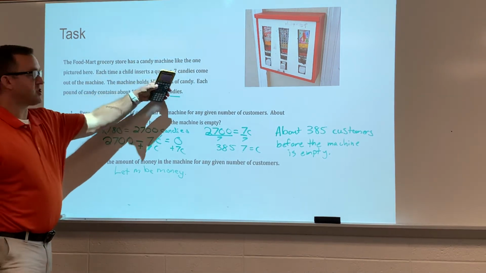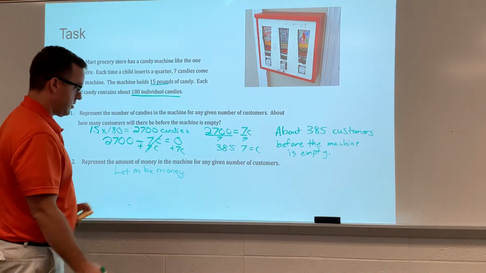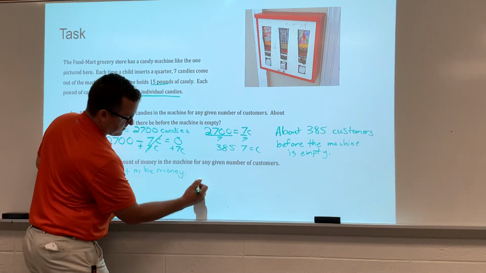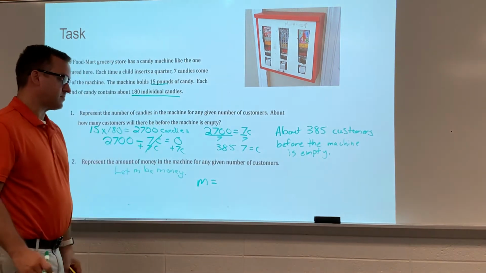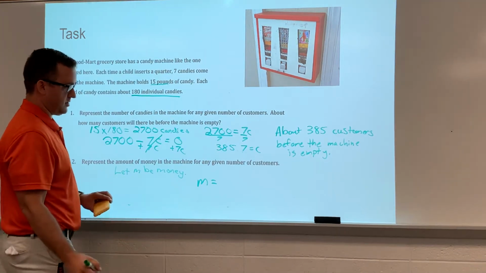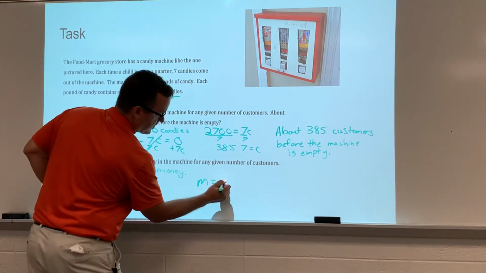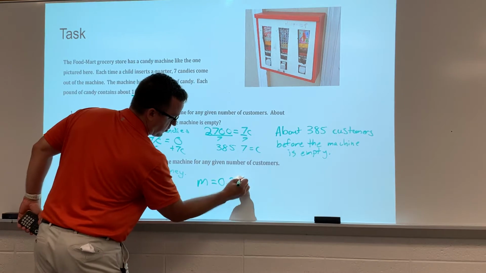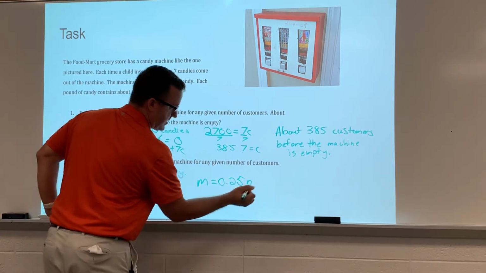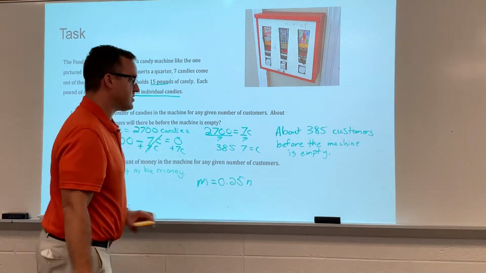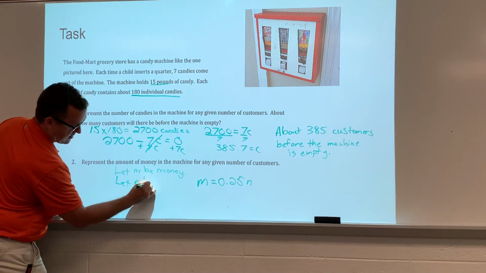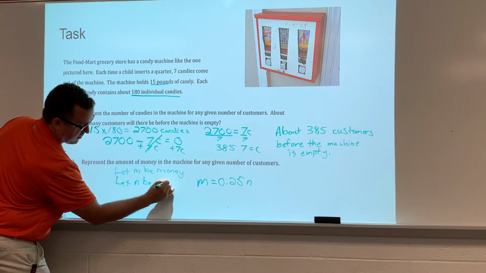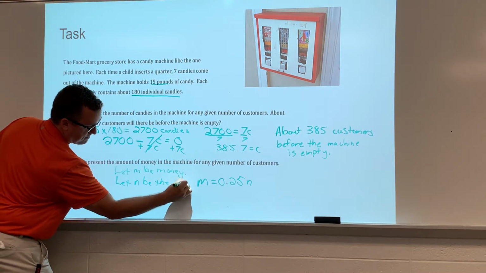And each time a child inserts a quarter, the amount of money is equal to, well, a quarter is 25 cents, so 0.25 times N. And we'll define that too and say, let N be the number of customers.